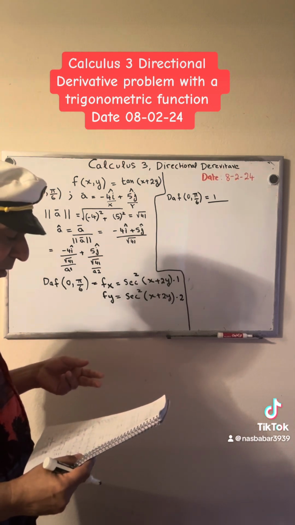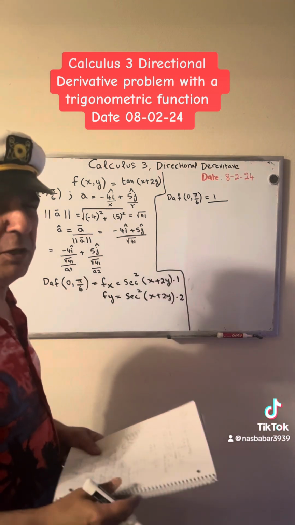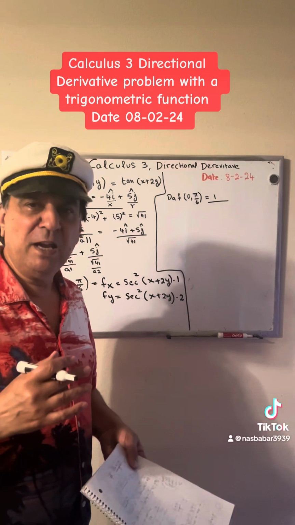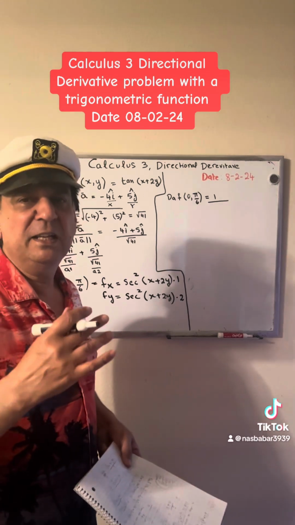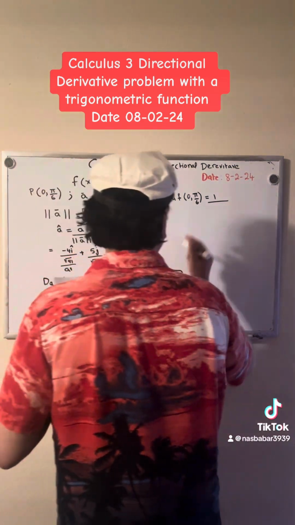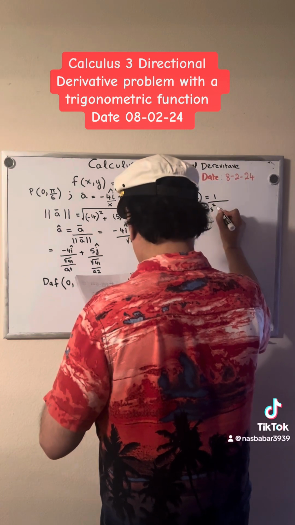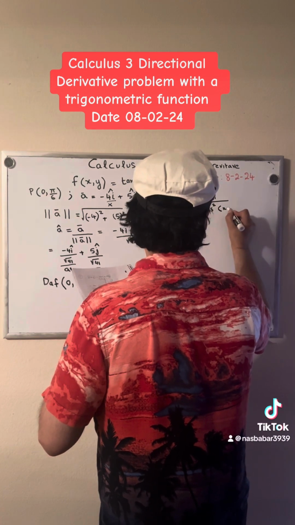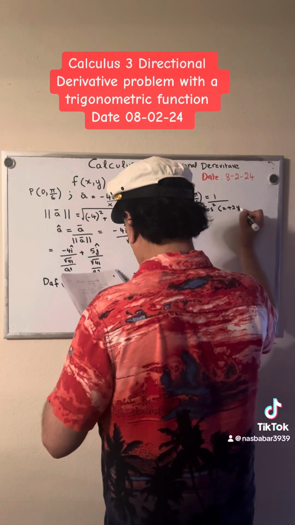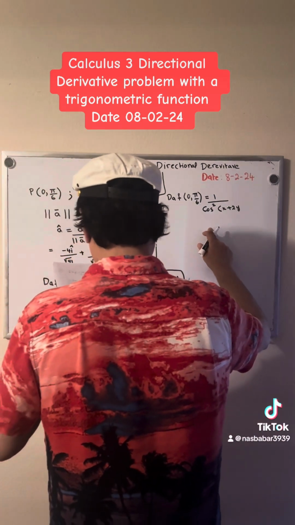The inverse of secant squared is basically cosine squared. I'm going to use that because it's easier to play with cosine. You can find values in radians and degrees with cosine easily. So just a tip. Cosine squared of (x + 2y).